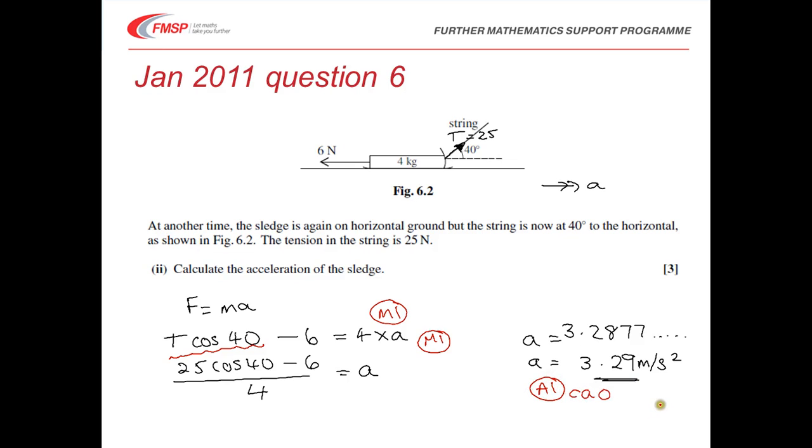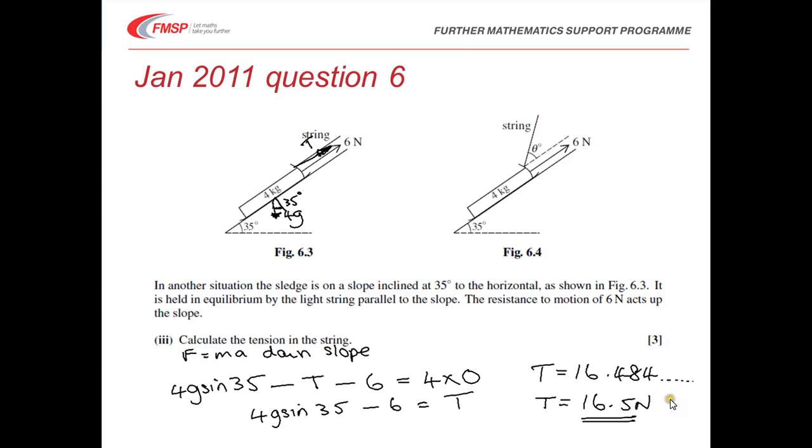So if you made any errors along the way, you wouldn't get that final mark. Part 3, we get a method mark for doing forces up the slope and forces down the slope. We get a method mark, an independent mark here for getting the component of the weight correct. And then there's an accuracy mark for the final answer of 16.5.